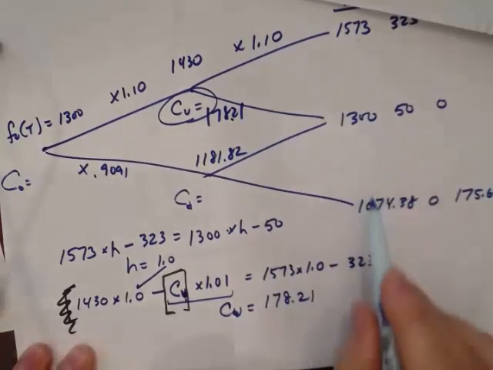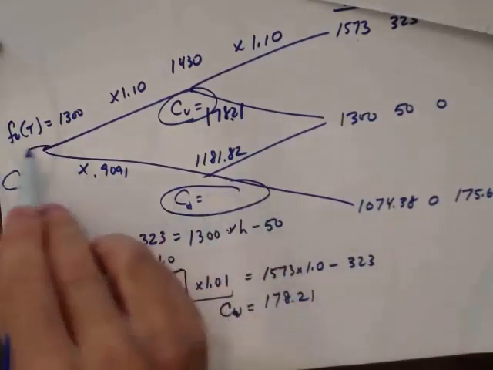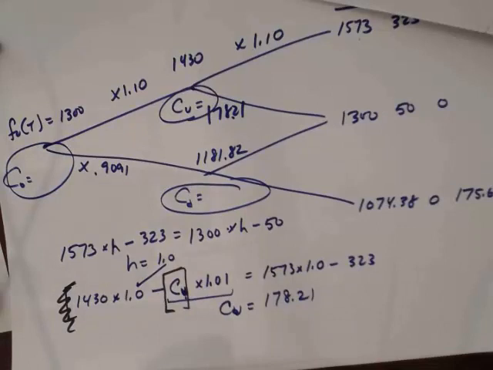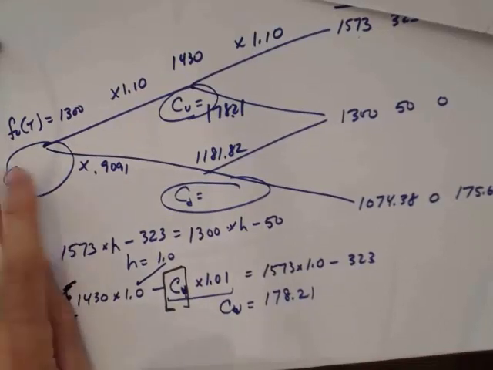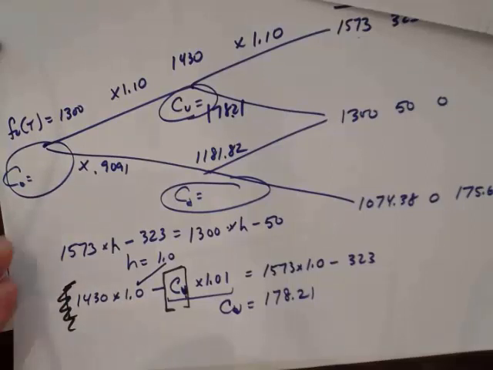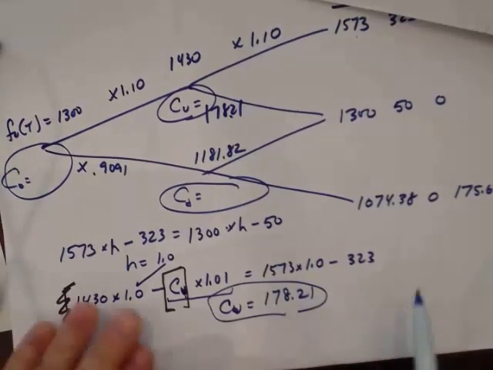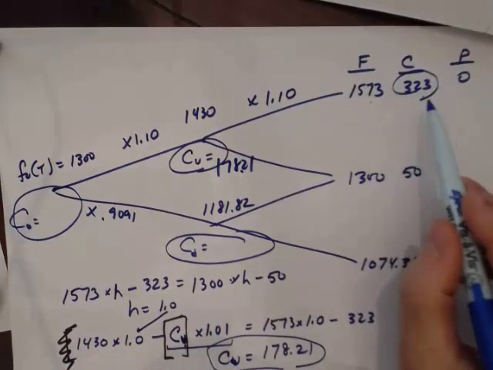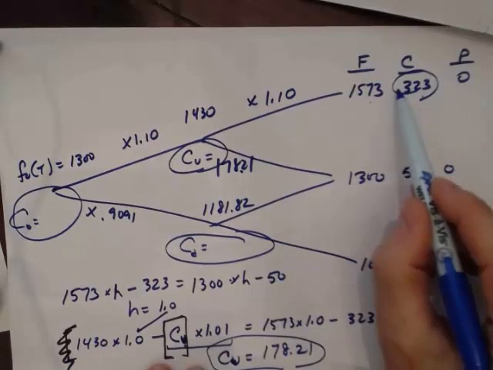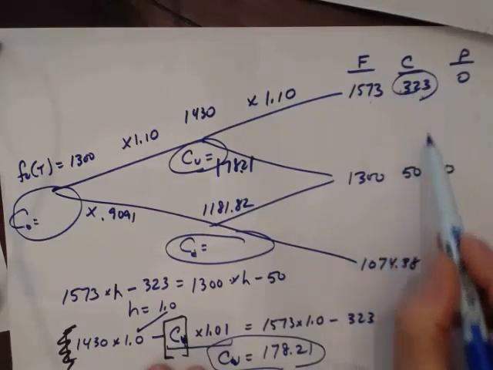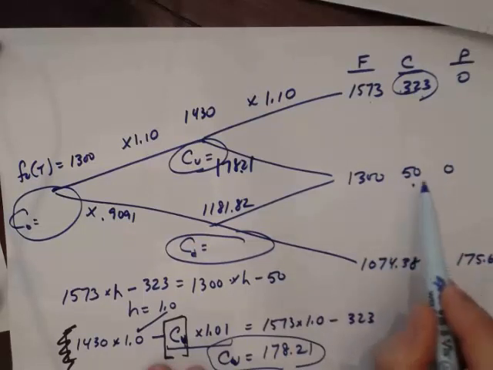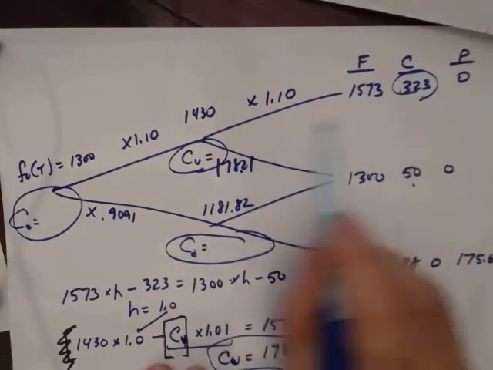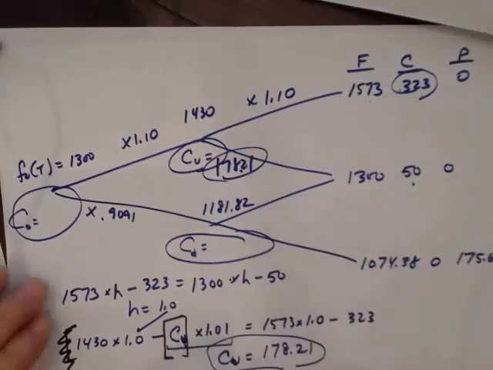You can work the same way, calculate call down, and then figure out the call at time 0, which is ultimately what we want, because we want to know the value of the call today. We can come up with this number simply by discounting this call back, computing the probability associated with it. So multiplying this by the 0.4762 and this by 1 minus 0.4762 and dividing by 1%, we can come up with the 178.21.